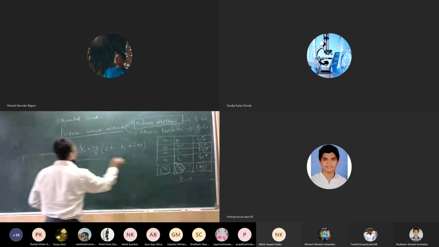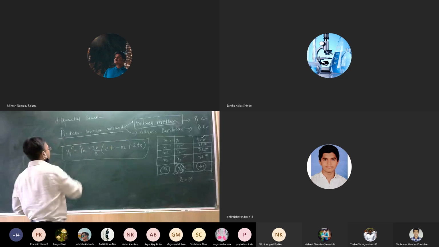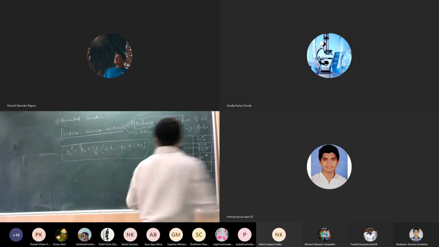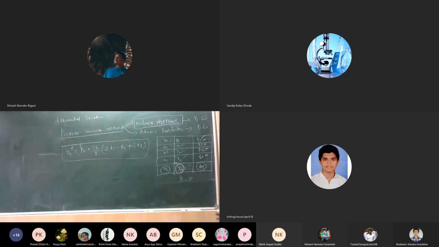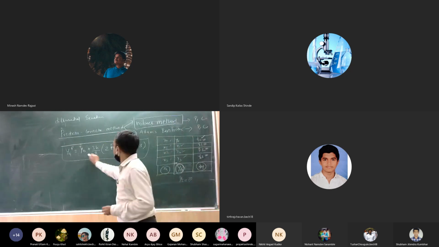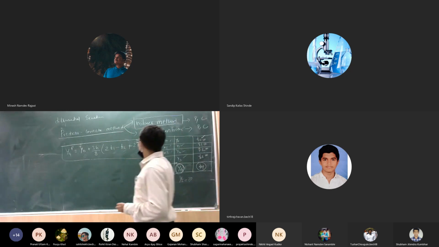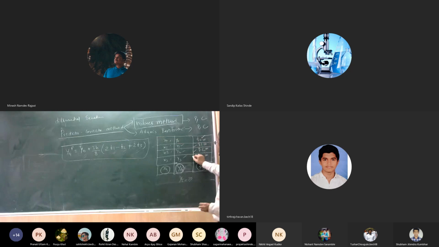So already the values are known. If you see this particular formula, everything is known. On the right side, y0, the h value is known, the y0 initial value is known, then f1, f2, and f3. That is, f1, f2, f3 are already known because this table is a must. This table we need to prepare first.